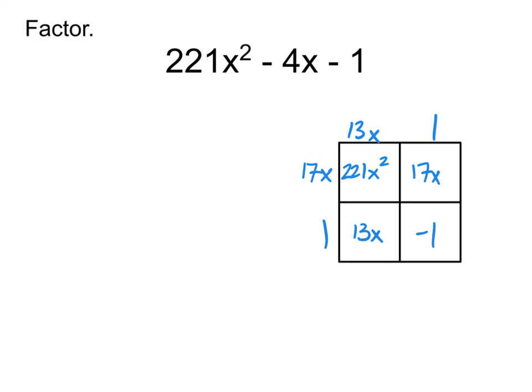Remember, I'm going to have to be getting the negative 1, so one of these has to be negative. And it looks to me like I'm going to have to make the 17 negative because I need to have more negatives than positives. And if these are negative, then so does that one on the outside need to be. And now we have our factored form. Reading across the top, it's 13x minus 1. And reading down the side, it's 17x plus 1.